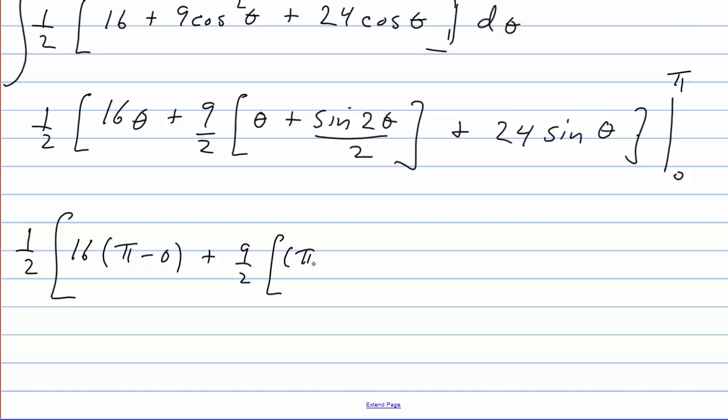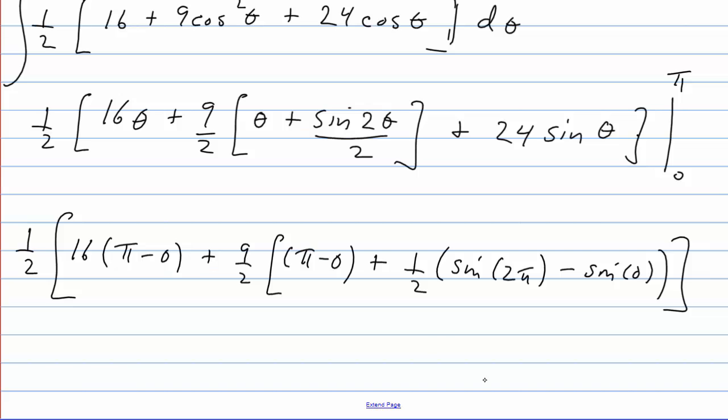This would give us pi minus 0. Plugging in pi would get this, minus plugging in 0, which would be sine of 0. Plus 24 times sine of pi minus sine of 0.